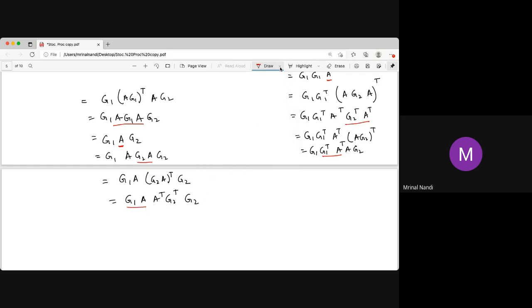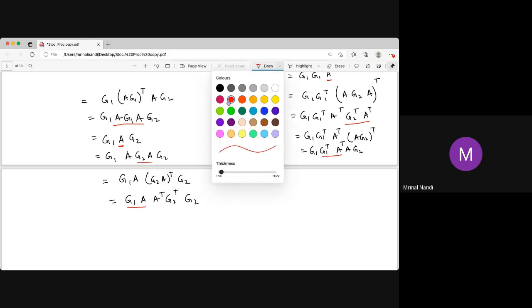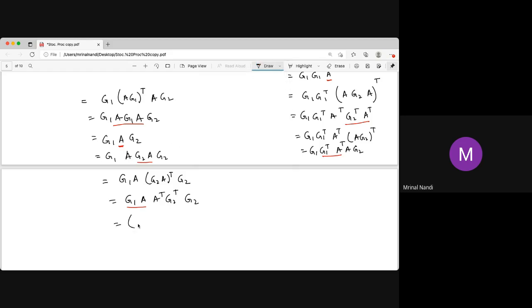Now what is G1A? Again, G1A is G1A whole transpose. A transpose G2 transpose G2. Now G1A transpose is A transpose G1 transpose A transpose G2 transpose G2.